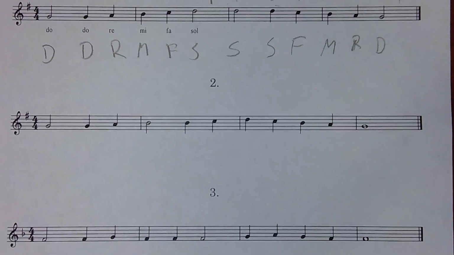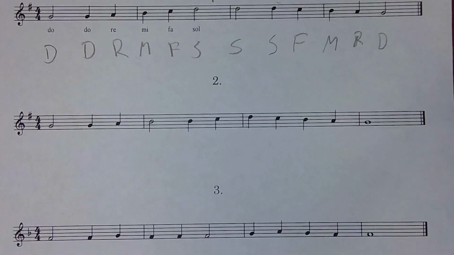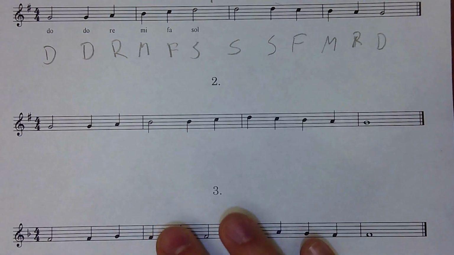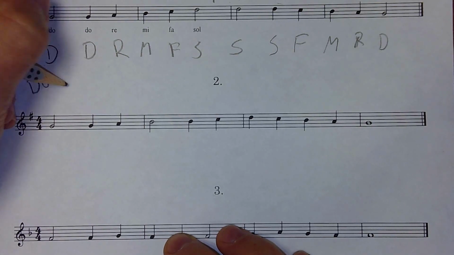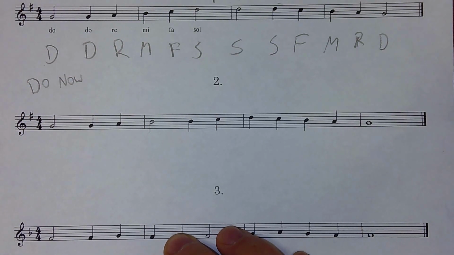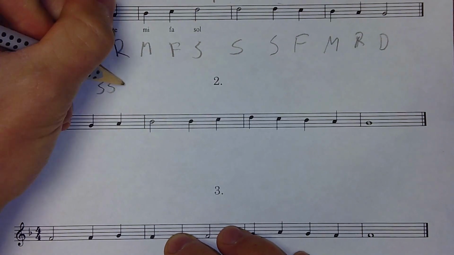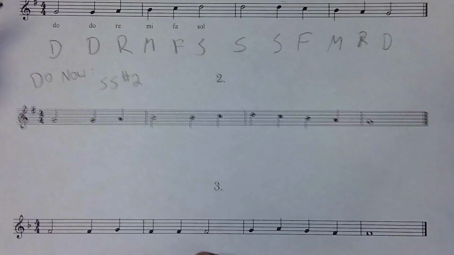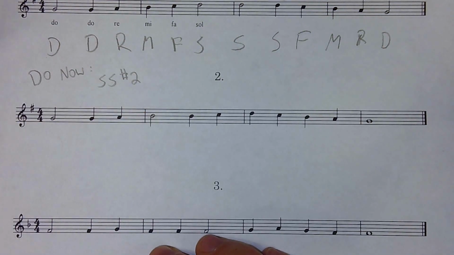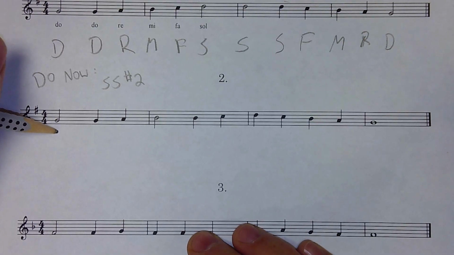What we're going to be doing in classes sometimes, if you're with me in class here at St. Paul Academy, is that we would have a do now as you come in. The do now is going to say something like do now, sight singing number 2. What that means is that when you come into class, you're expected to get out your sight singing packets in the back of your binder, and you're going to write in your solfege.